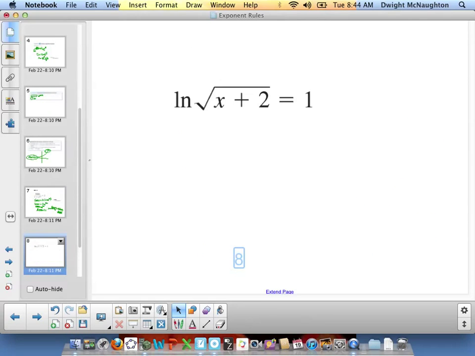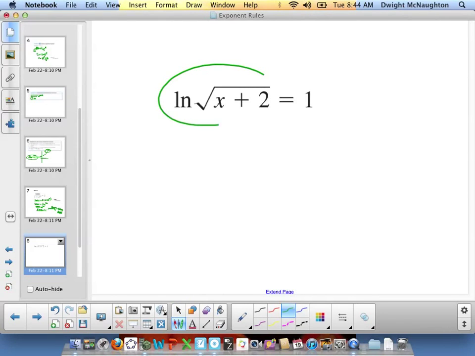Okay, next problem. Natural log of the square root of x plus 2 equals 1. A couple ways you can do this. I always like to expand my logs if possible, and the only expansion you're going to want to do is for the exponent. So I like to get that exponent out of there. You've got 1/2 natural log of x plus 2 equals 1. We'll multiply both sides by 2 to get rid of the 1/2.